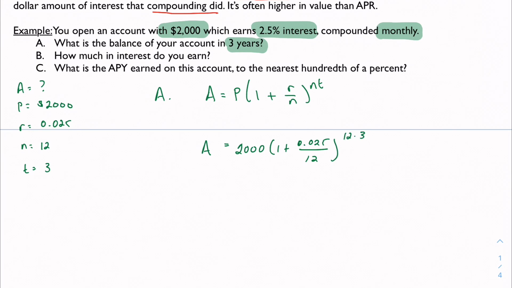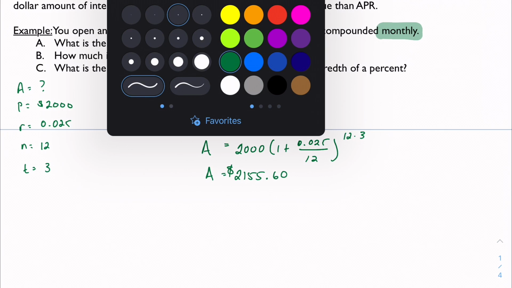Again, sometimes I like to simplify what's in the parentheses. I'm comfortable enough with my calculator that I don't necessarily need to anymore, but I would really recommend it always to be safe. So my account balance is $2155.60.